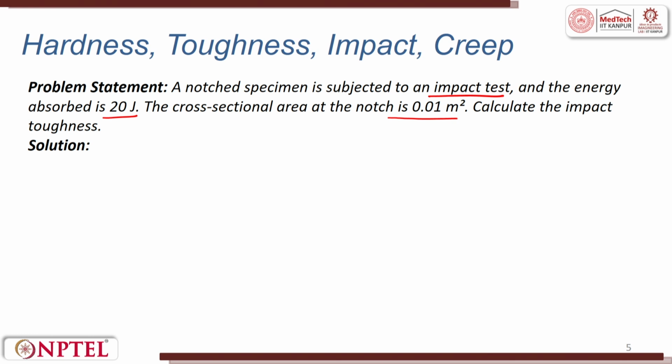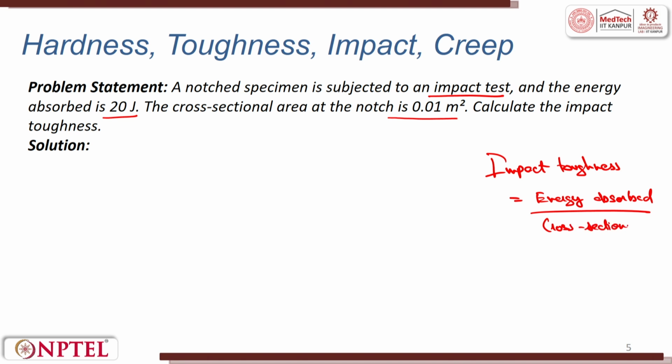Impact toughness is equal to energy absorbed by cross-sectional area, right. So, what have we been given?